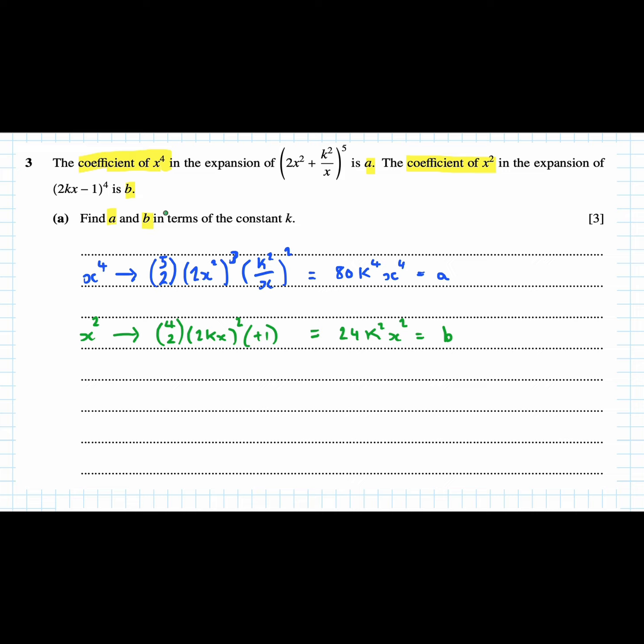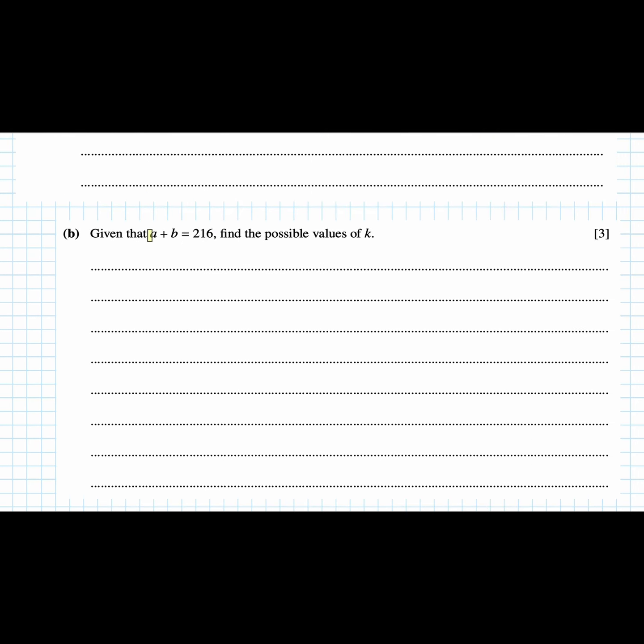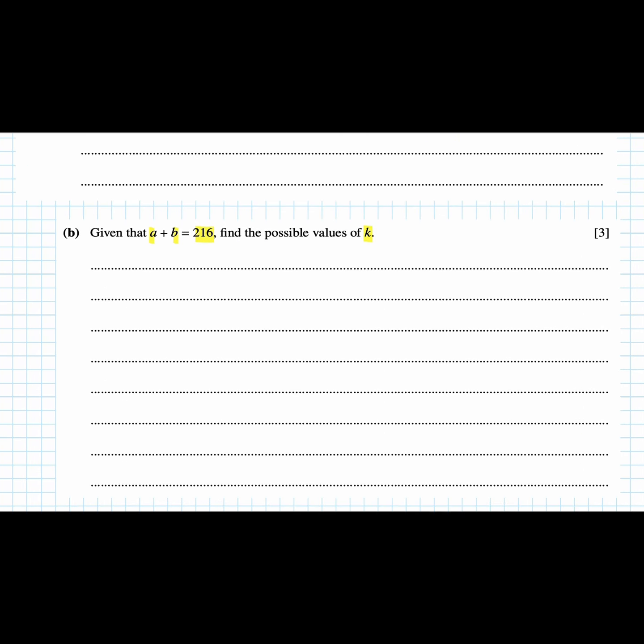So a is equal to 80k to the power of 4, and b is 24k to the power of 2. It is given that a plus b is equal to 216, so we have those values. Find the possible values of k.